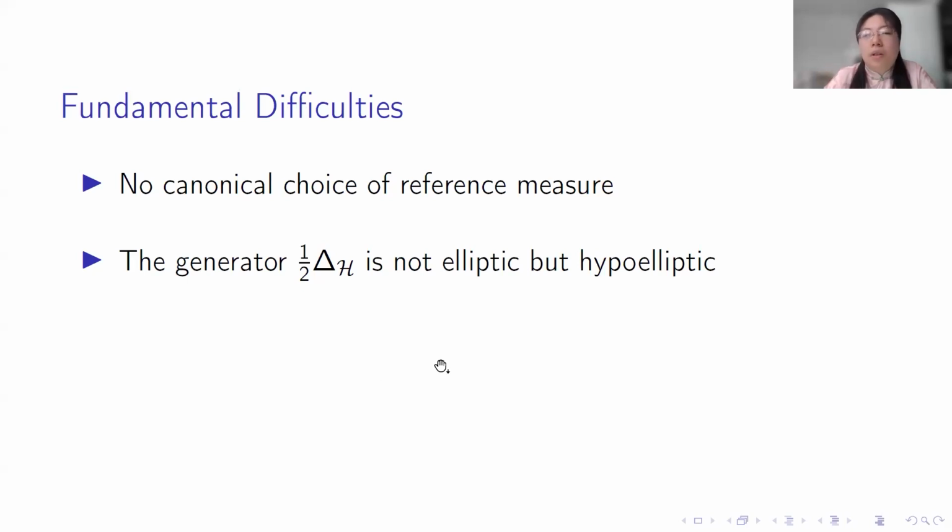So if you want to move on to more general cases, and even consider a sub-Riemannian manifold without group structure, and you want to get such a heat kernel estimate, it can be really messy.